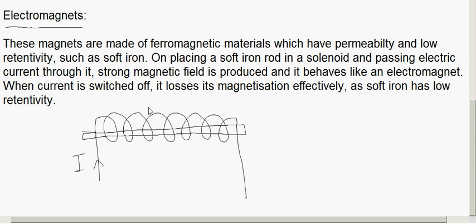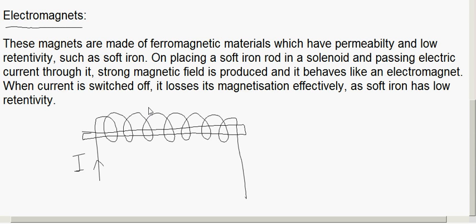Now if you take the hysteresis curve for this soft iron, you will see that the area under the hysteresis loop for soft iron is less. That means that the area actually gives us the energy loss during one complete cycle. So in case of transformers or generators, there is a repeated magnetization and demagnetization.